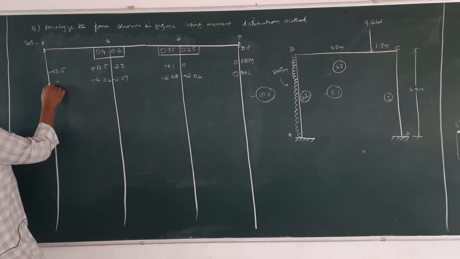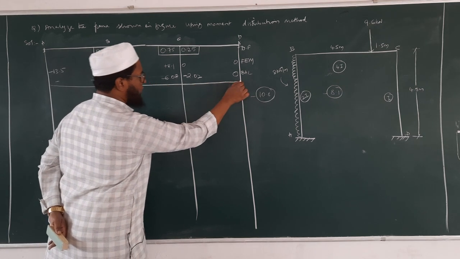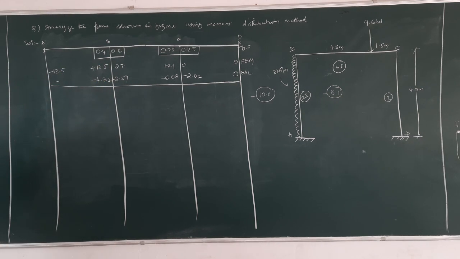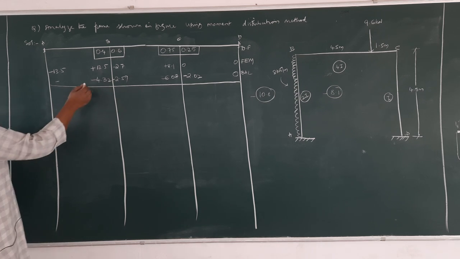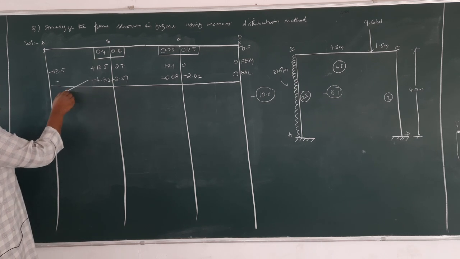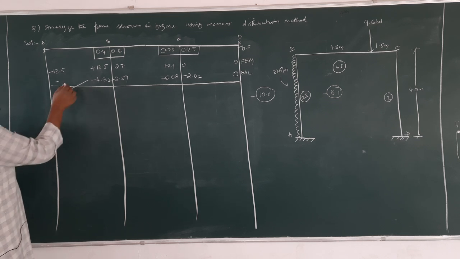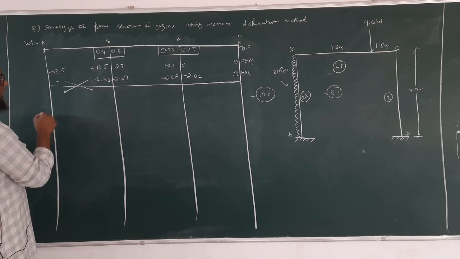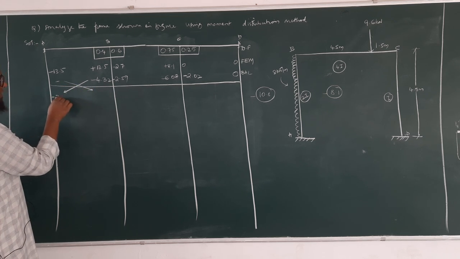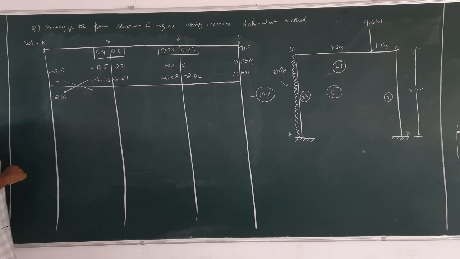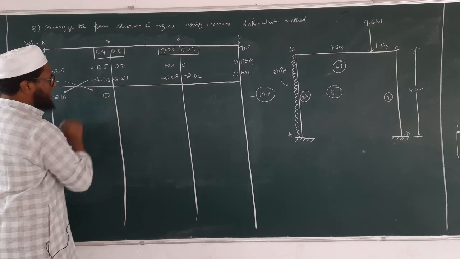So as soon as you balance, what will you do? You draw a line and add the carryover moment. See here, shall I send this value here? Yes. Why? Because it is fixed. This value is minus 2.16. Here it will be 0.